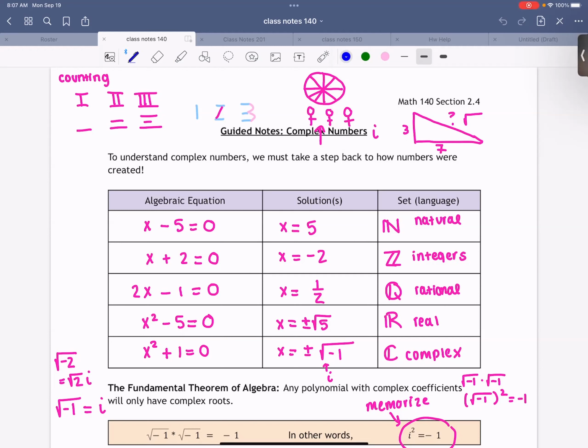When we're finding the side length of a triangle, or trying to solve x squared minus 5, for example, we build the real numbers. So we have those square roots going on. And then when we end up taking the square root of a negative number, the complex numbers came about, which is why we have this whole new set of numbers that we're dealing with. So that's how this all came about.